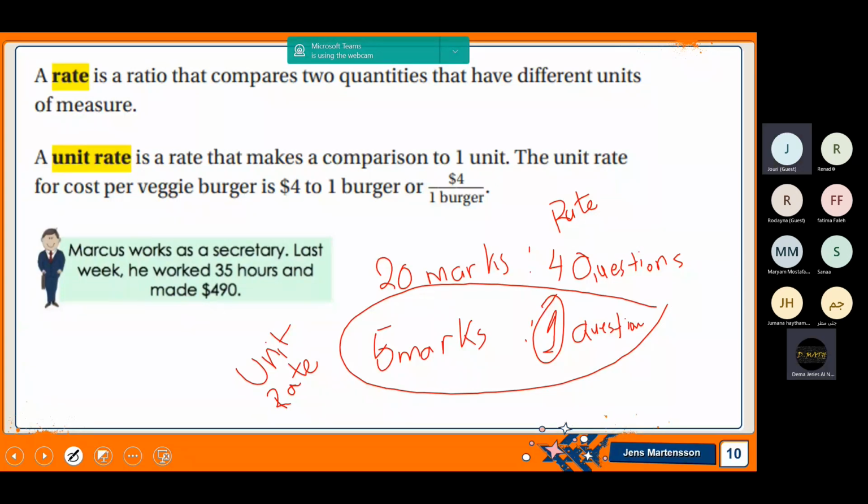But if there's a number per 1, it must be unit rate. So teacher, the 20 and 4 are rates, but the one down there is unit rate. Yes, if I compare to one unit, it means unit rate. This is what I mean by the unit rate.